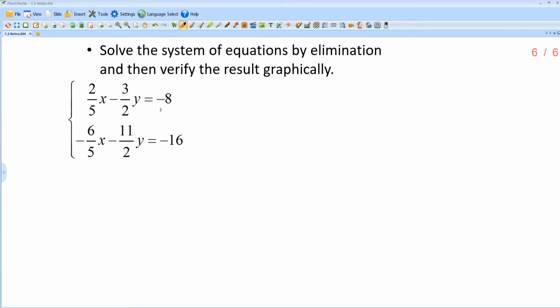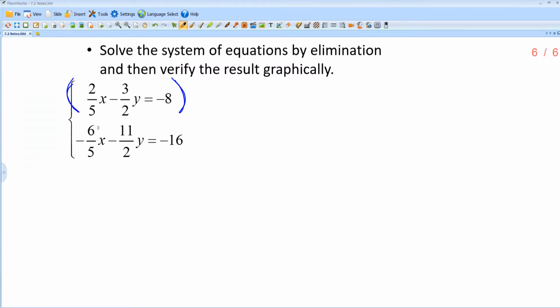But if I look at the y's, I have 3 and 11. The least common multiple between those two is going to be 33, which means I'd have to multiply both equations. If I look at the x's, I have 2 and -6. The least common multiple between those is going to be 6. And that means I'm only going to have to multiply this top equation.